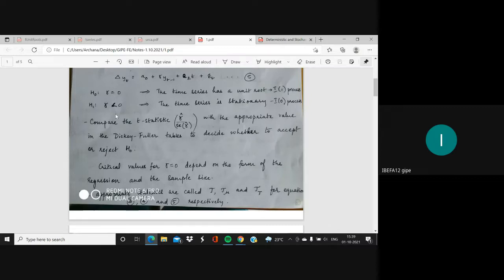The alternative hypothesis is that the time series is stationary, which means that the absolute value of a1 is less than 1, or that gamma is less than 0. This will mean that the time series is stationary, or an I(0) process. So your null hypothesis is that the time series is non-stationary, and the alternative is that it is stationary.